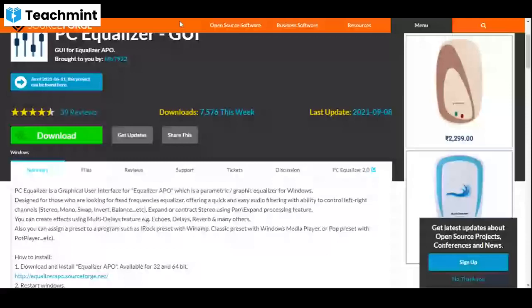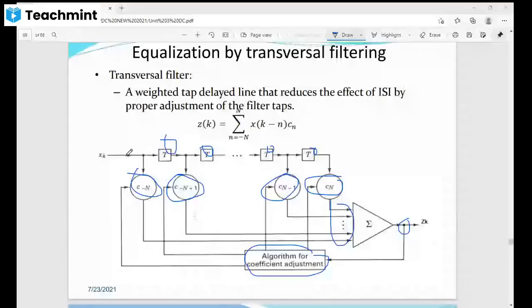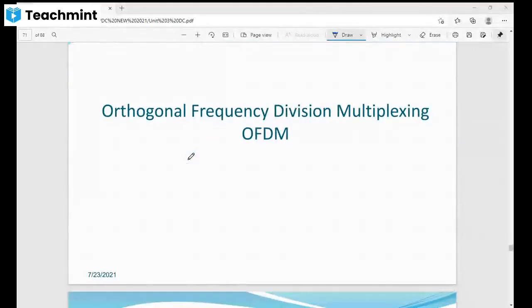After this, the next point is orthogonal frequency division multiplexing, that is OFDM. So far you have studied frequency division multiplexing, time division multiplexing, and code division multiplexing.